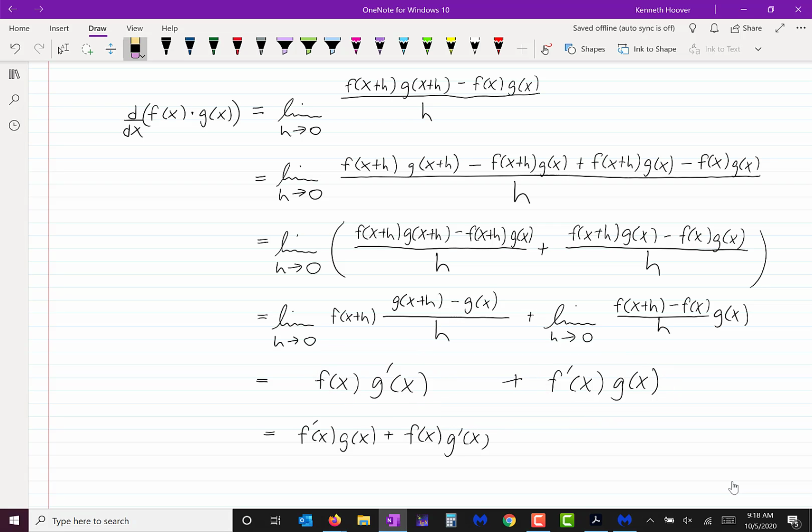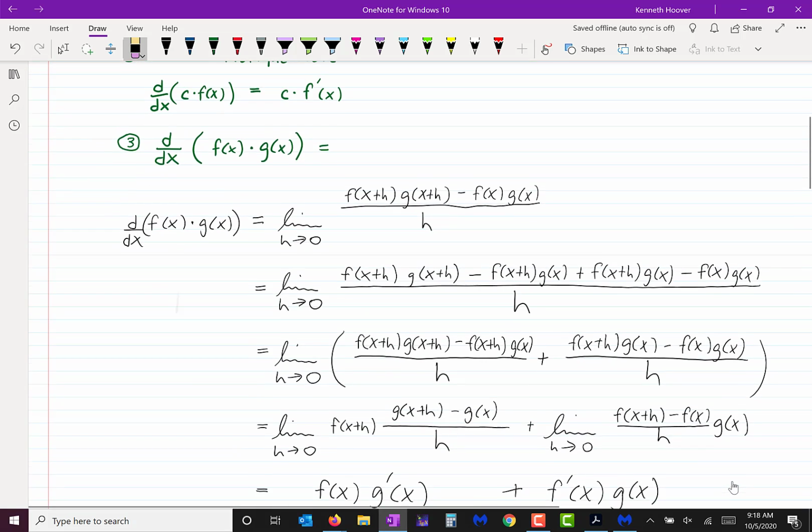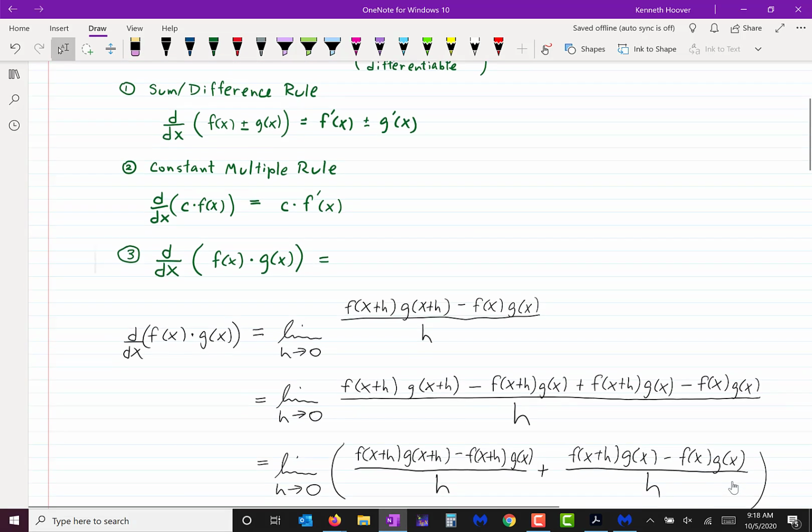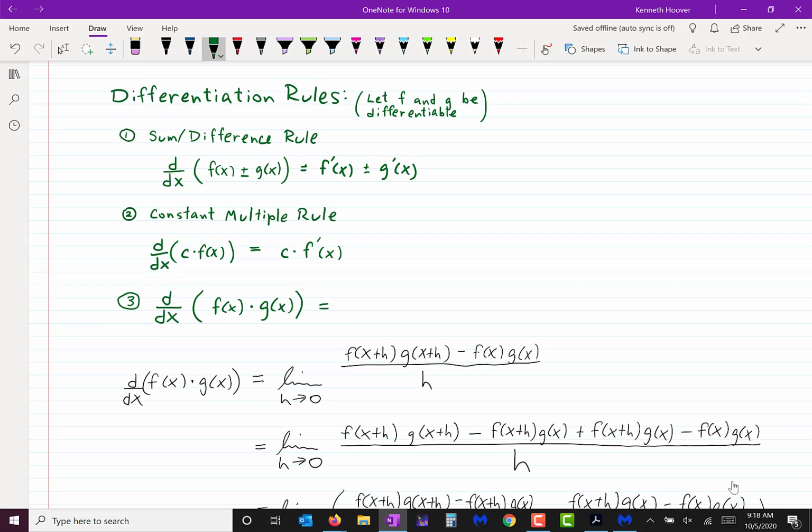Some people say f prime times g plus g prime times f. Of course, that would be the same thing, right? So that's called the product rule. It's not what you would expect, but it's very important and you need to memorize it. The derivative of f times g is the derivative of f times g plus f times the derivative of g. Very important.